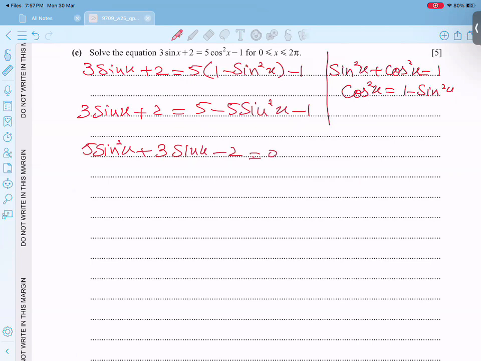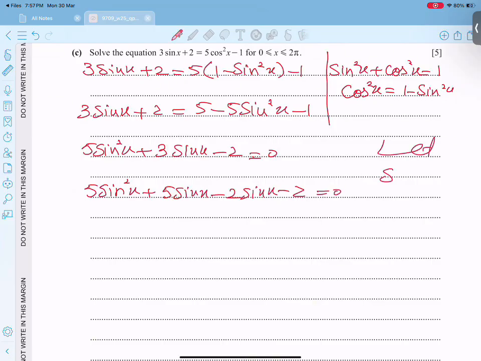Now after this, we have to find the answers in radian mode, making sure I can factorize. 5 twos are 10, so I get a 5 sine square plus 5 sine x minus 2 sine x minus 2 equals 0. Or I can say let sine x equal k, which is a second option.